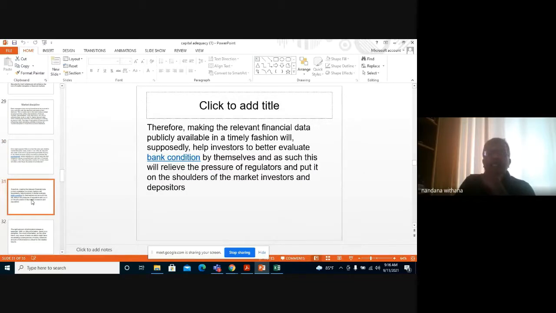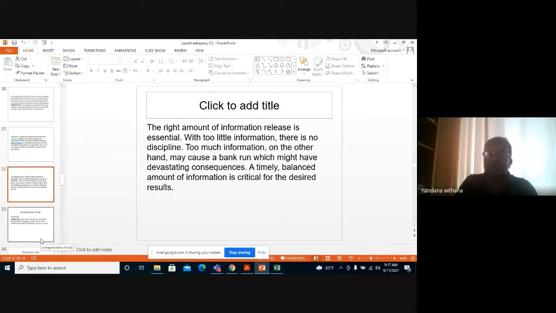Therefore, making the relevant financial data publicly available in a timely fashion will supposedly help investors to better evaluate bank condition. We are not saying everyone is doing that, but it will enable people to evaluate. It's always better to have information than not. The right amount of information release is essential, so there is a format. These things must be published.